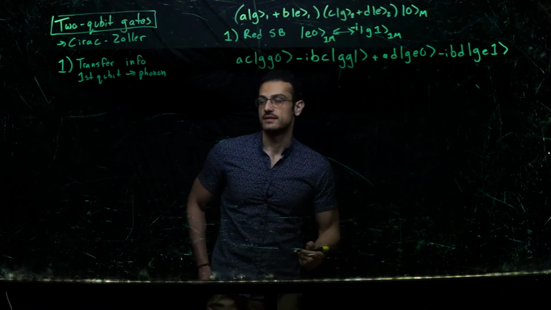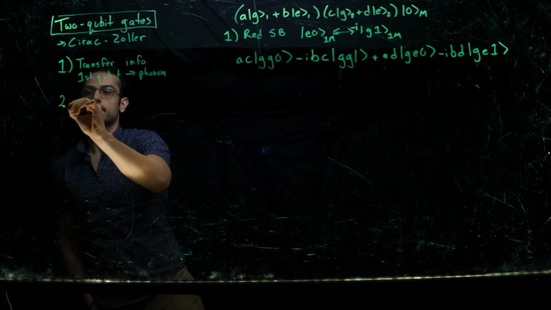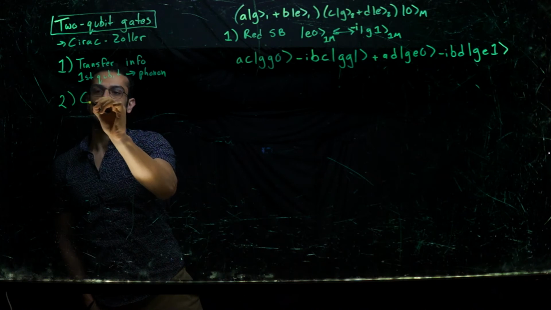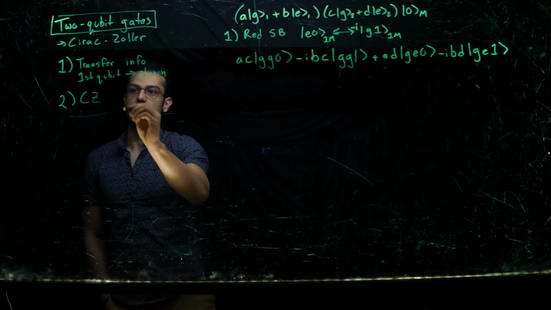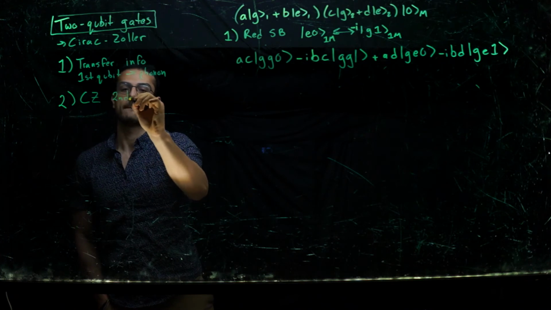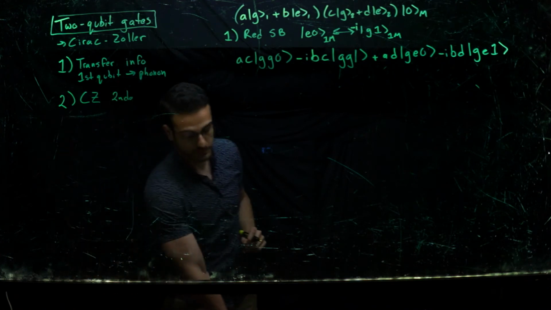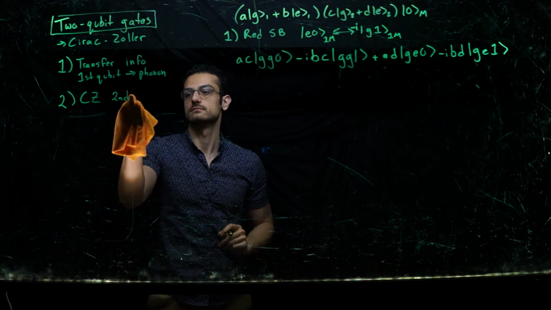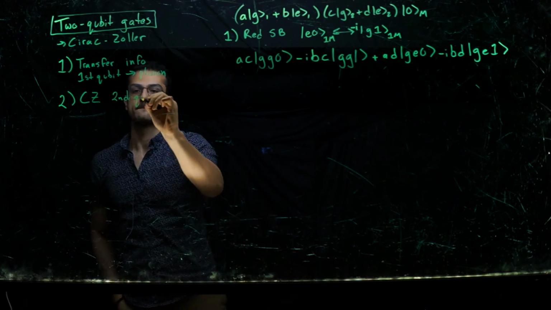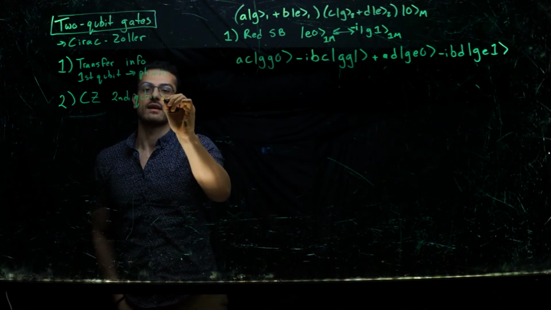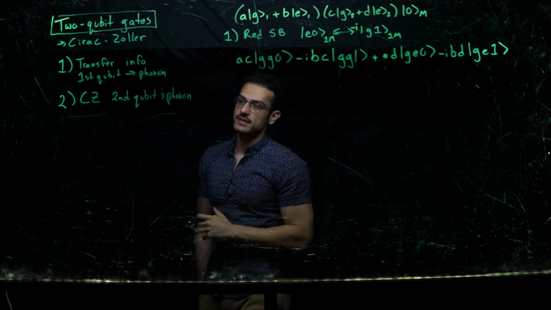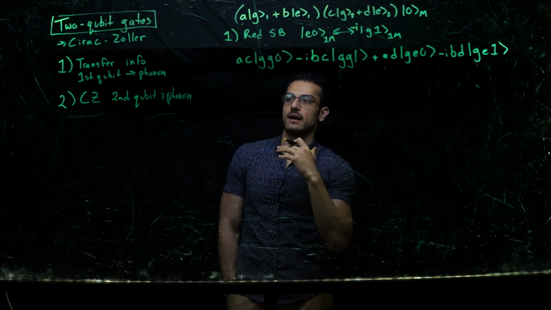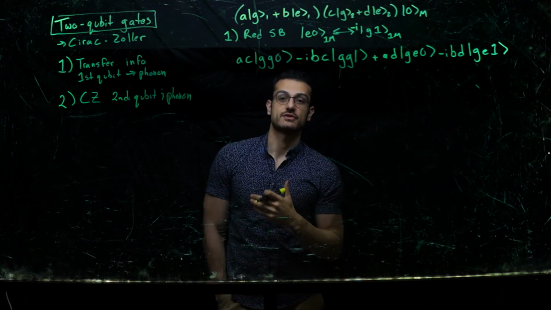Okay. The second step is we're going to implement a control Z gate on the space of the second qubit and phonon. So the way we do this is we actually use a different pulse than what we've considered so far.